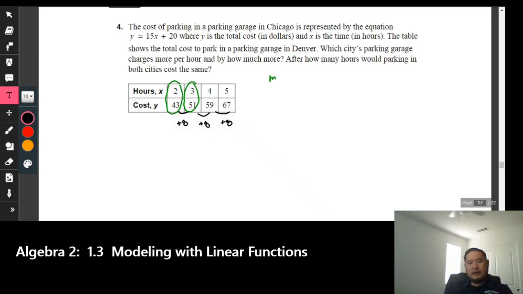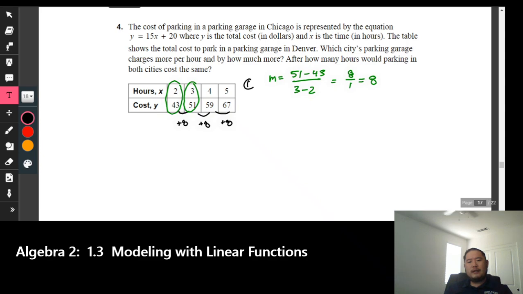Step 1, let's find the slope. I'll say this is point 1 and this is point 2. So y2 minus y1, divided by x2 minus x1. And so 51 minus 43, that's 8, over 1. Slope is 8.